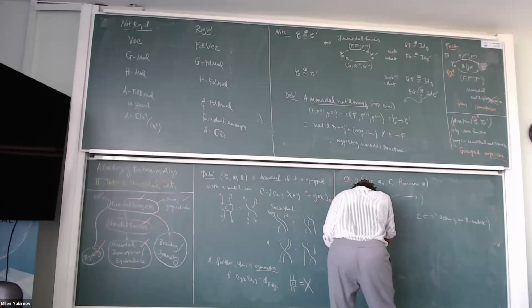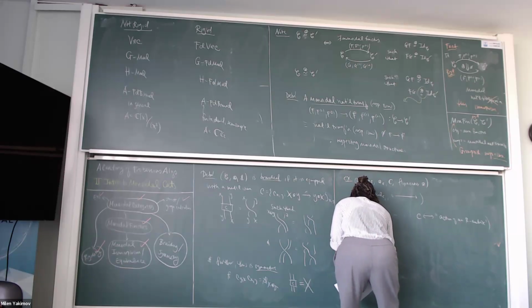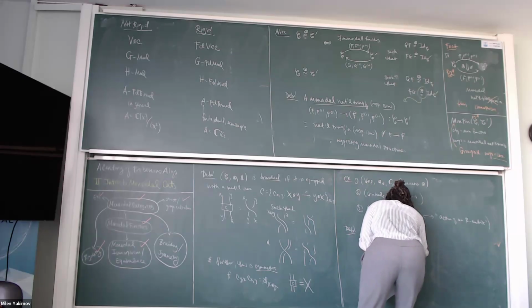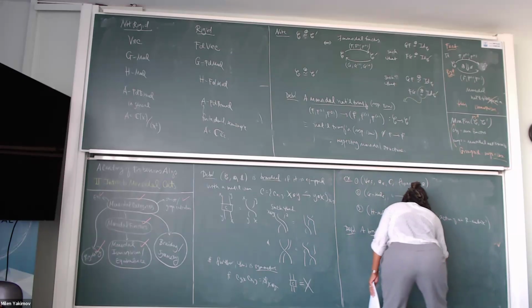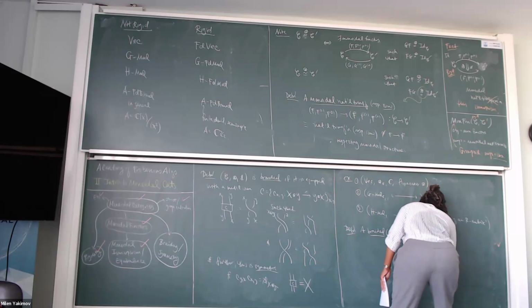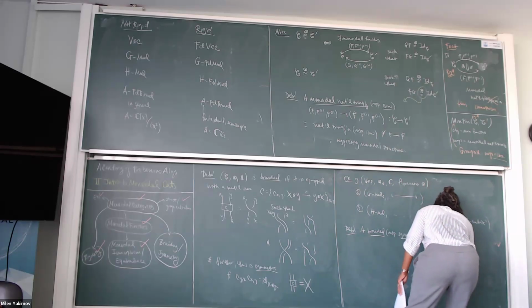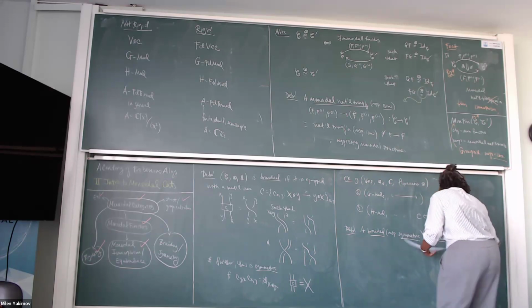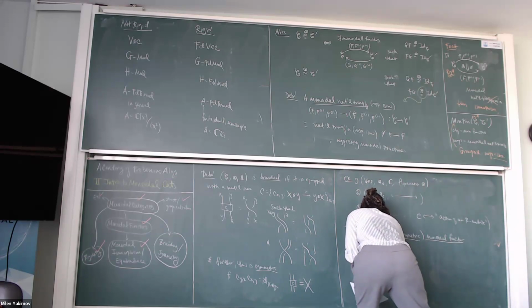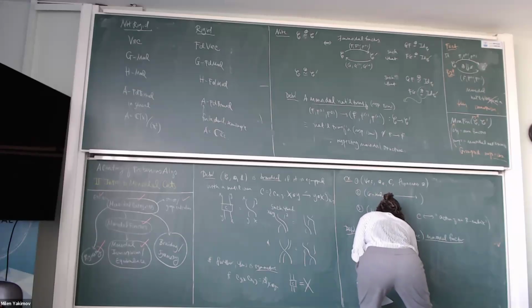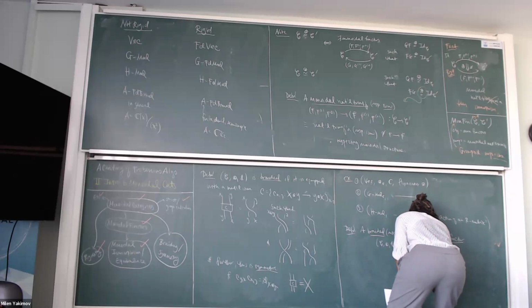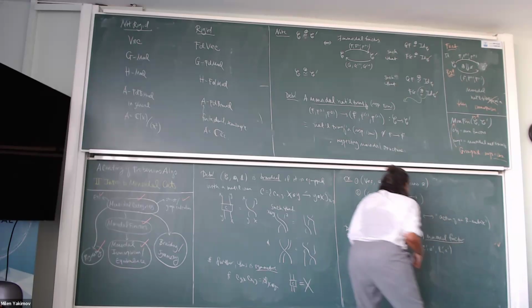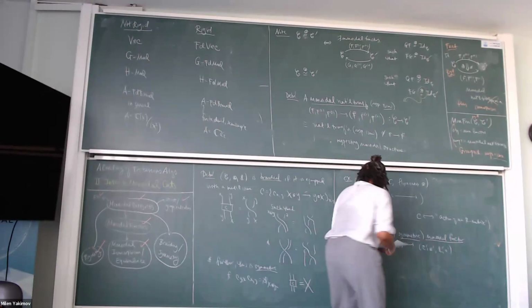We have that a graded, respectively symmetric monoidal functor, going from one graded, respectively symmetric monoidal category C to another one C prime, is going to be a monoidal functor that respects the grading.